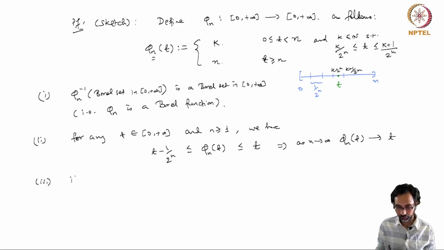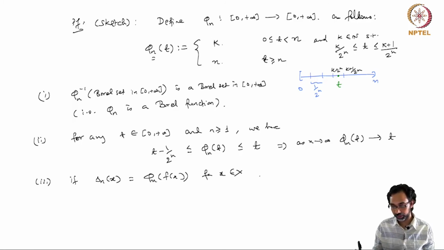And thirdly, if we set S_n(x) equal to phi_n of f(x) for x in X, then this is the sequence of functions that we want. This is a simple function because it can be written as a sum, k equal to 1 to n times 2^n.